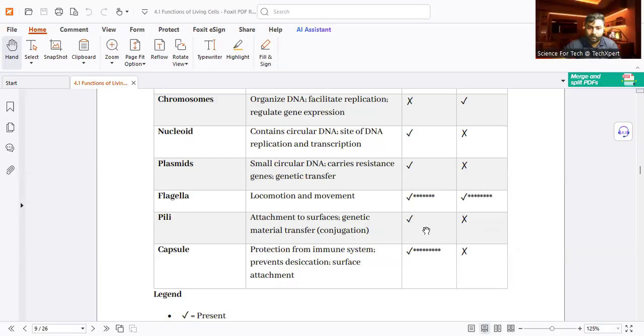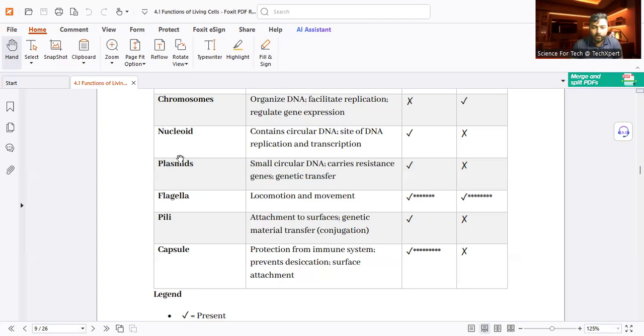Here, what's about typical cells and why we have to choose flagella only in prokaryotic cells? Pili also attached to the surface, and this is important for genetic material transport and not only for that one.